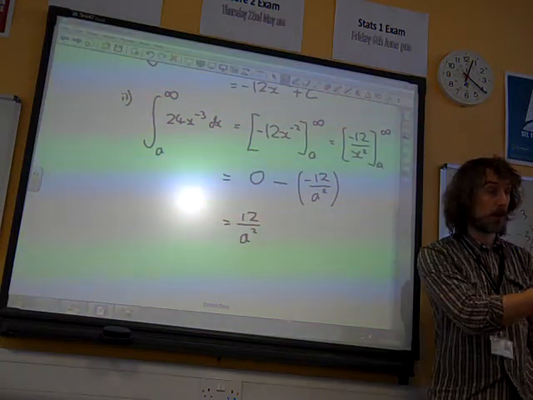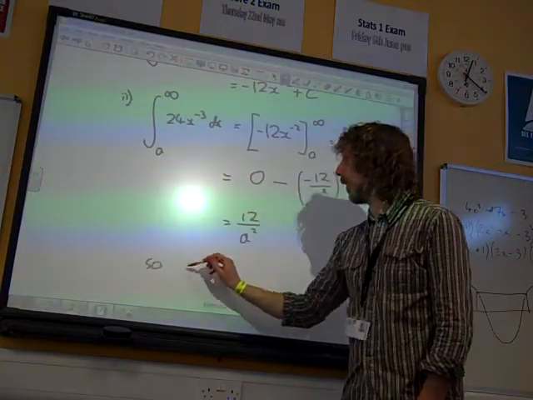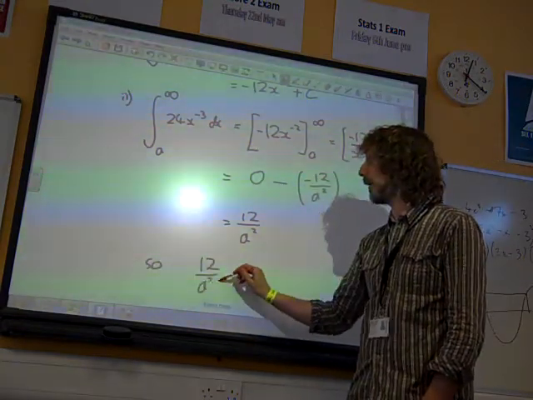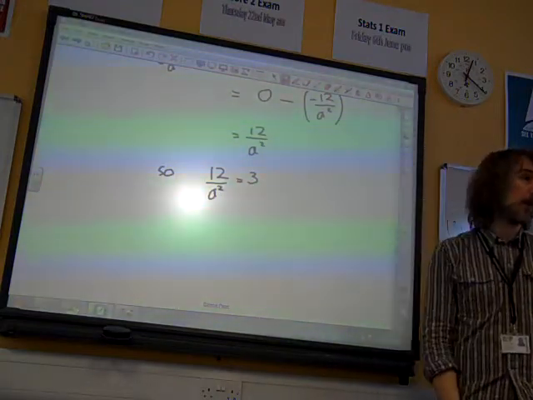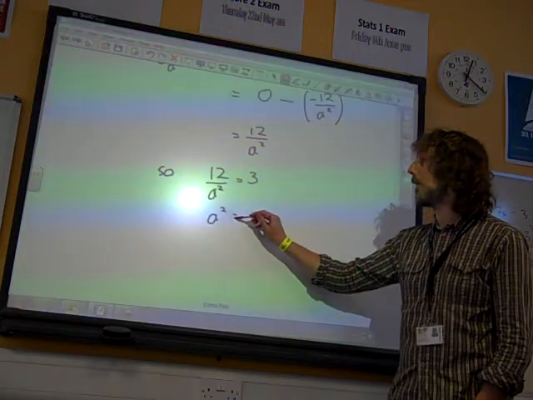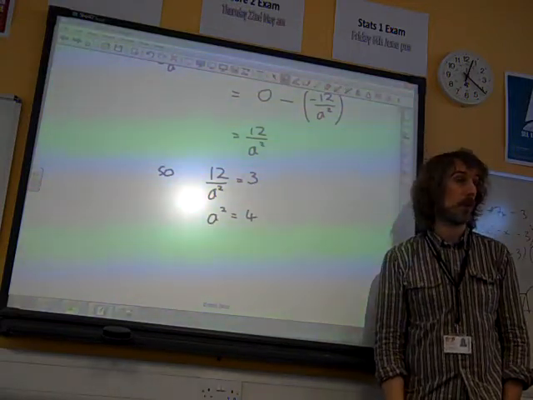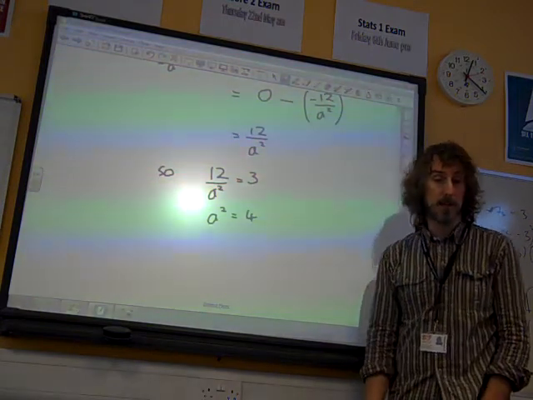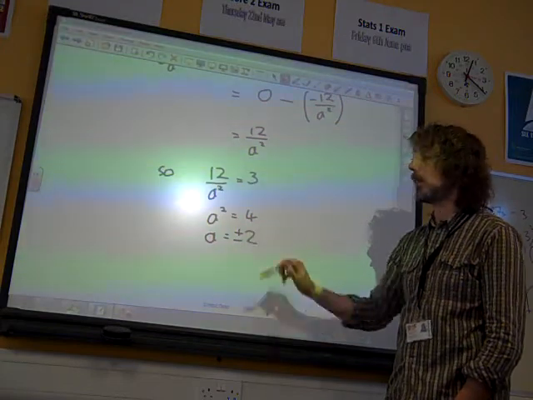But the question's told us that is equal to 3. So 12 over a squared equals 3. If we do a quick bit of rearranging, multiply by a squared, divide by 3, we get a squared must be equal to 4. So a is plus or minus 2.